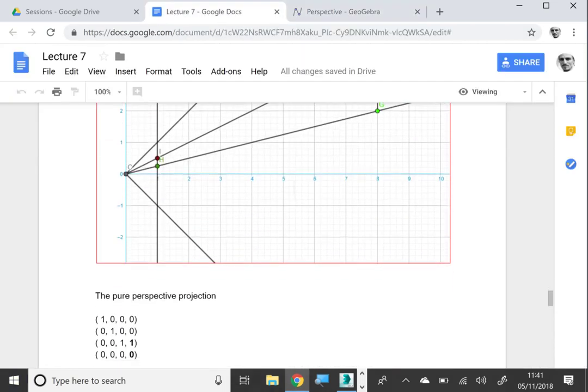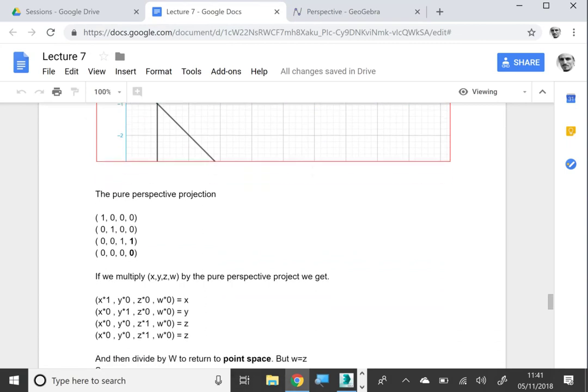So what the mathematicians have worked out is if we use something called the pure perspective projection, which you will come across quite often when you need to do weird stuff with what the viewer can view, especially something like clipping. We make this matrix, which is clearly not an identity matrix.